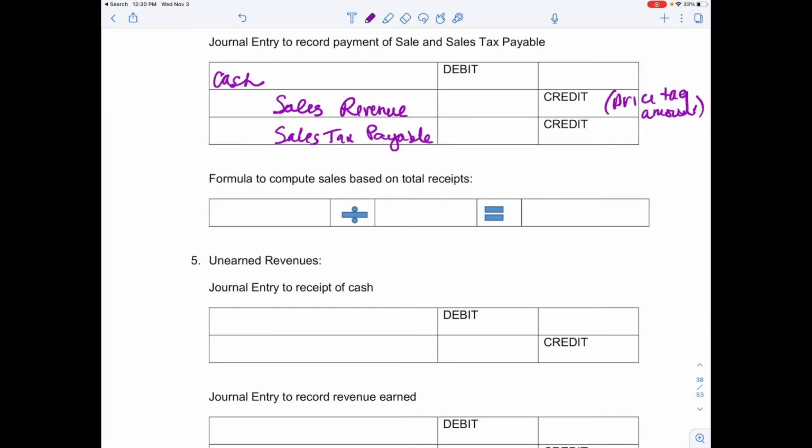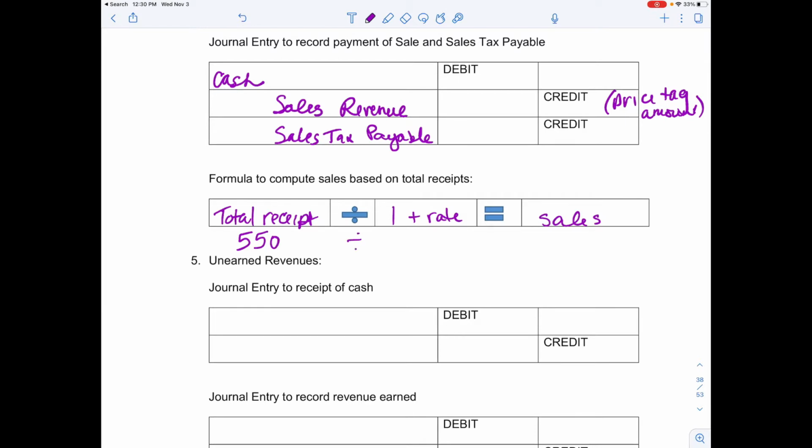To compute the sales based on total receipts, if we take our total receipt, or the total amount we're getting, we divide that by 1 plus whatever our rate is, and then that's going to give us what our sales amount should be. So let me explain this to you. Let's say our total price we have to pay, or our cash amount, was $550.